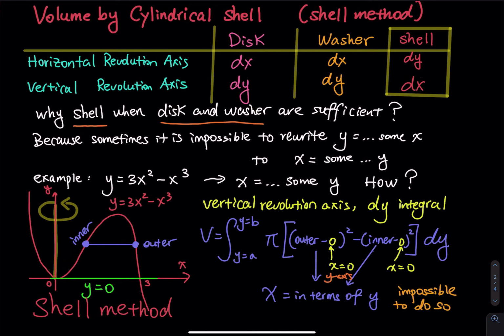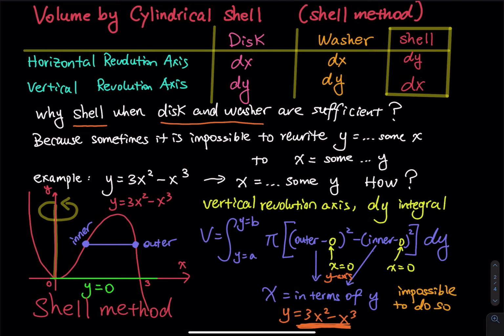That doesn't make sense, because when it comes to inner, you have to take y equals 3x squared minus x to the third. This makes no sense at all, because the integral is a dy integral. You are not allowed to use x. That is a dy integral. You have to give me x in terms of y.